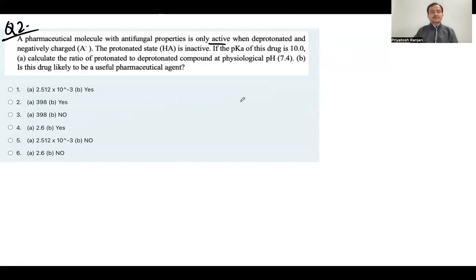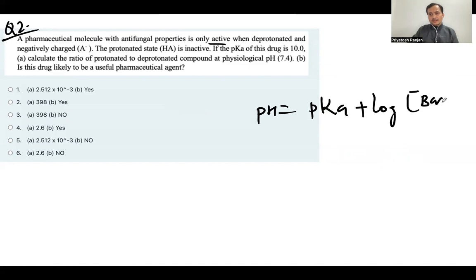Simple. If they are asking about the ratio of the deprotonated and protonated forms with the pH value and pK value given, I just need to use the simple buffer formula, the famous Henderson-Hasselbalch equation, where pH is equal to pKa plus log base by acid.